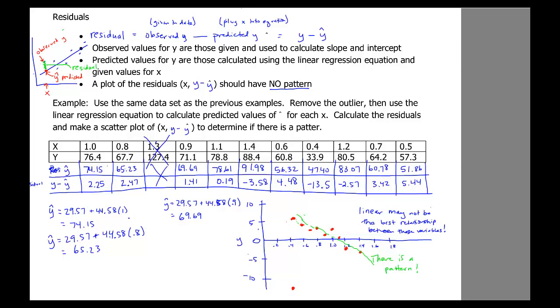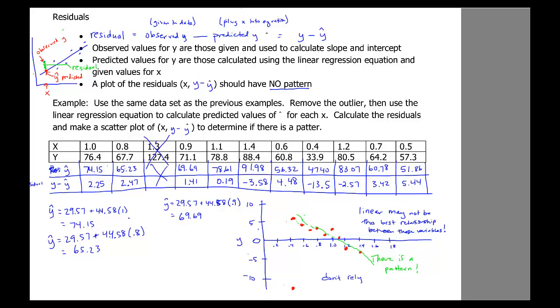So far everything we've done had looked pretty good. We got a significant value for a correlation. We got a significant value for the slope. We had a line that looked pretty good, but the residual plot shows a pattern, and that means that maybe we shouldn't rely on this as much as we thought we should when we were doing the other examples.